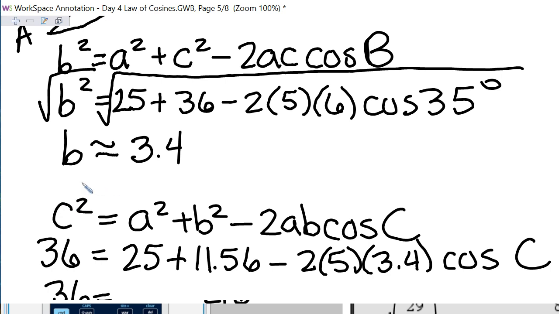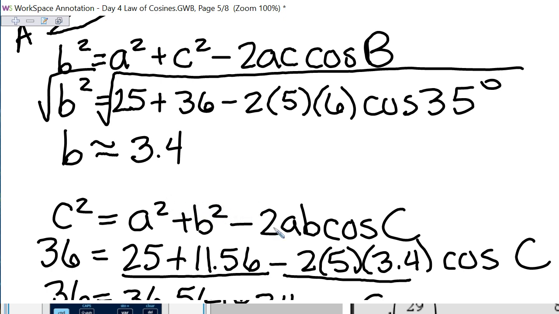Combine your like terms, so it's 25 plus 11.56, 36.56. Multiply these three, so what's negative 10 times 3.4? Negative 34 cosine of angle C.